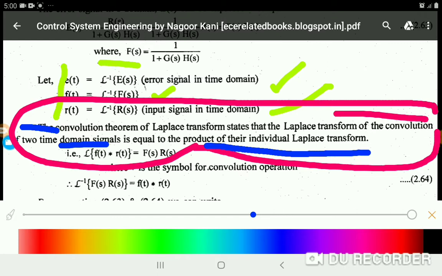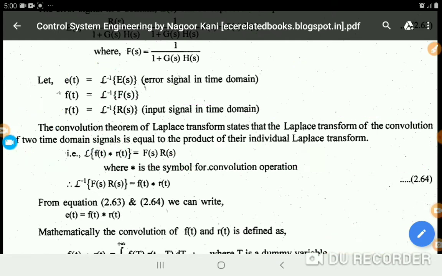Means two time domain signals f of t and R of t. Here the star symbol makes the convolution. So Laplace of f of t star R of t equal to f of s into R of s. That is what the convolution theorem is.